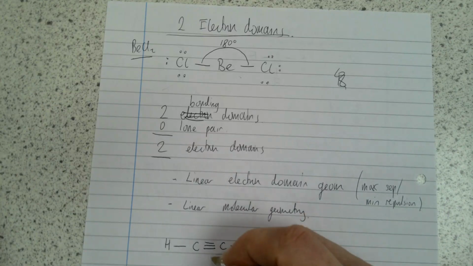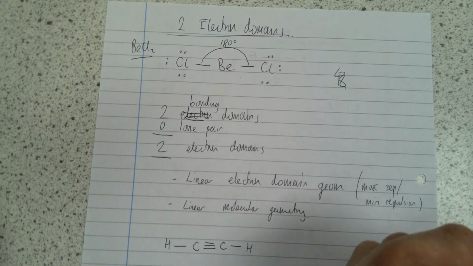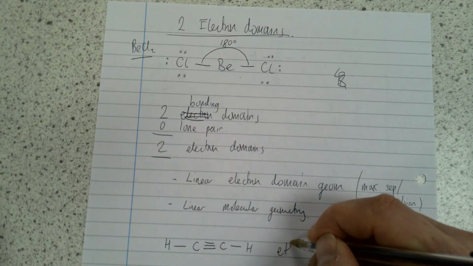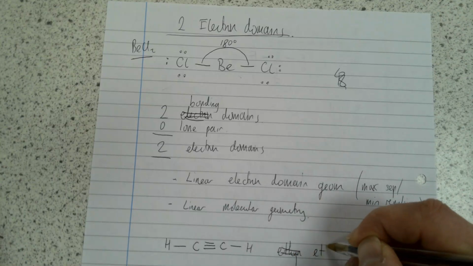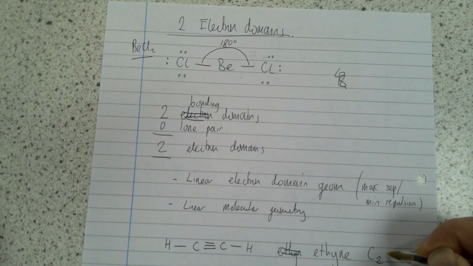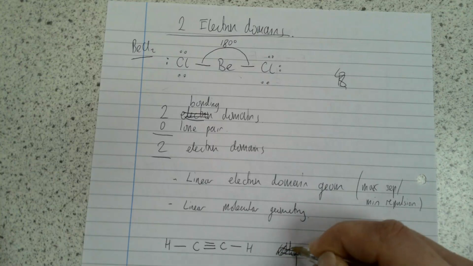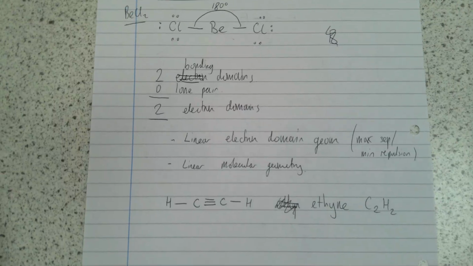Yeah, so this is eth because it's got 2 carbons. If you've got a double bond, it's ethene, isn't it? But a triple bond is ethyne. So this is ethyne, C2H2. I think you drew it when we were doing our Lewis structures last lesson, so you have seen it before, but maybe you didn't know it was called ethyne.